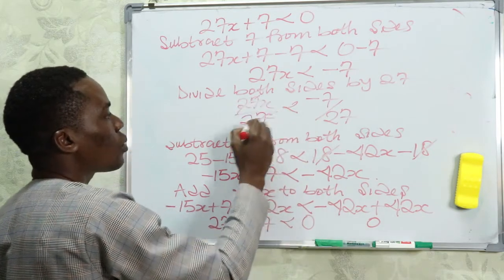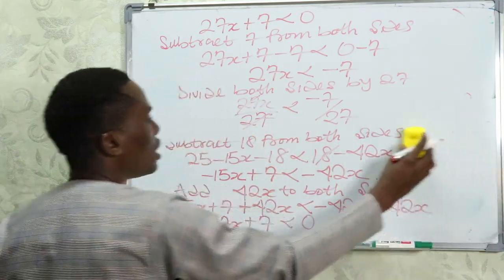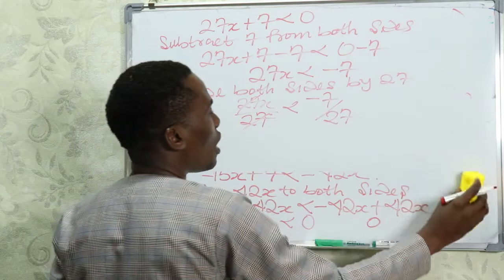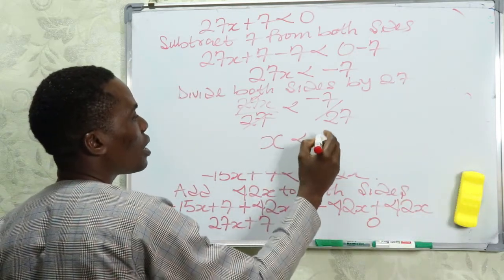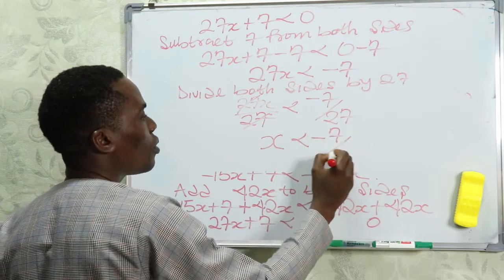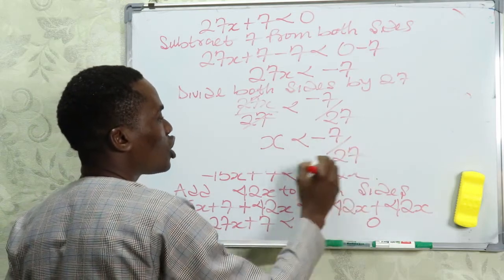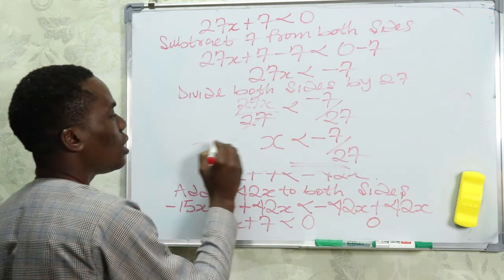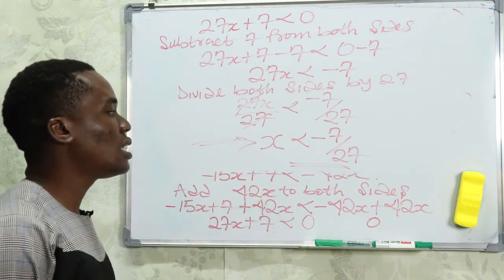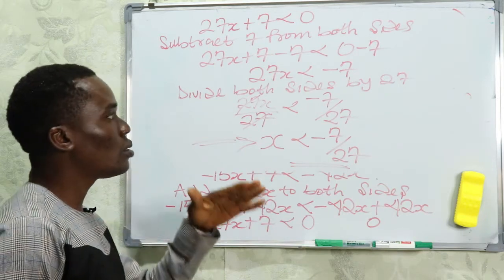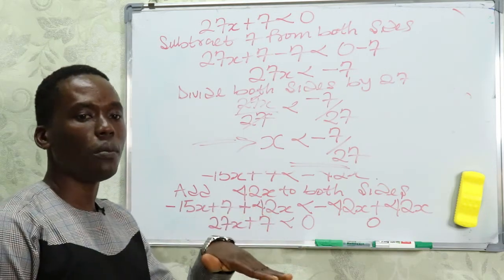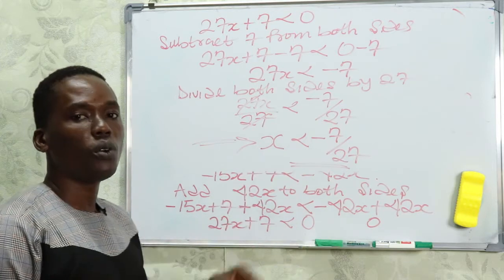So 27 will cancel 27. At the tail end we are going to have x to be less than minus 7 over 27. Check the options, you're going to see this result. So that is exactly how you go about solving questions on inequality. You take them step by step to arrive at your final solution.